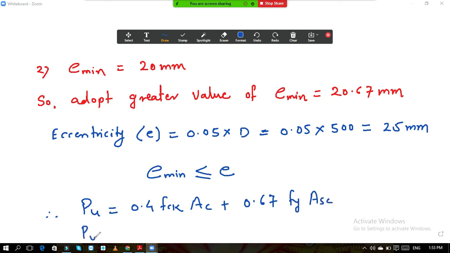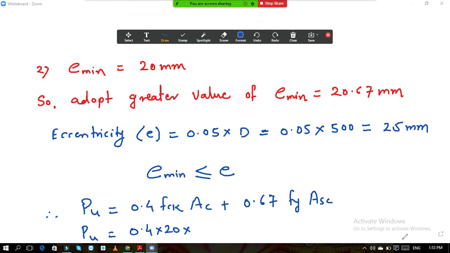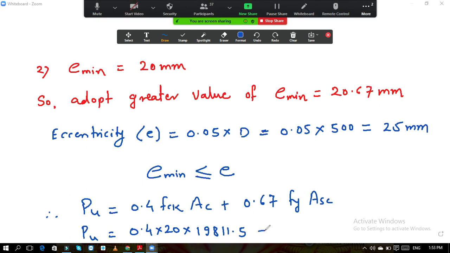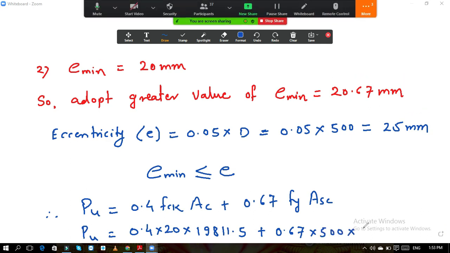So Pu is equal to 0.4 into 20 into Ac, the value of Ac was 198,115, plus 0.67 into 500 into Asc.